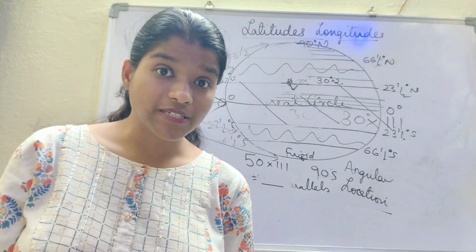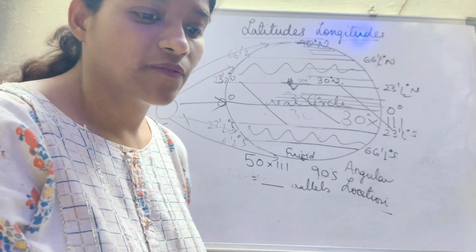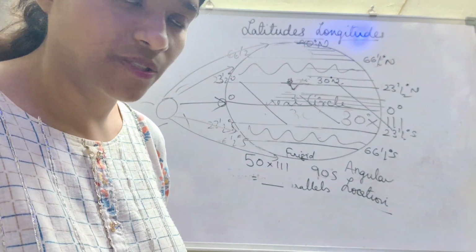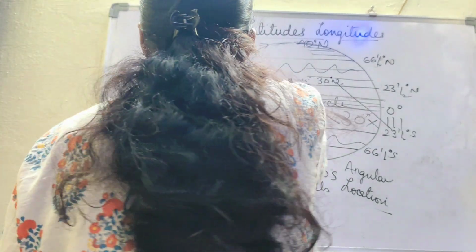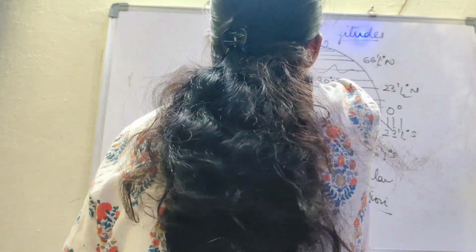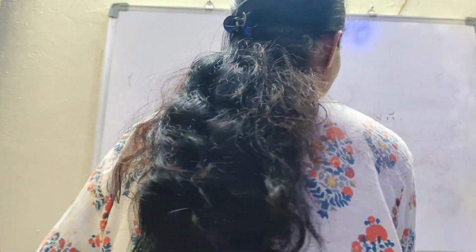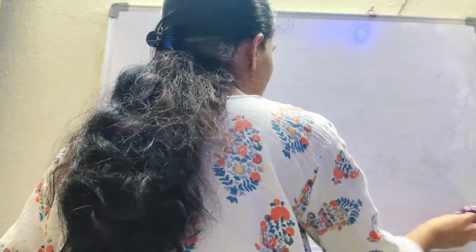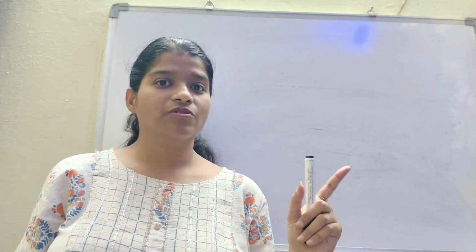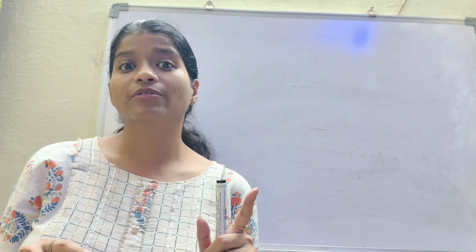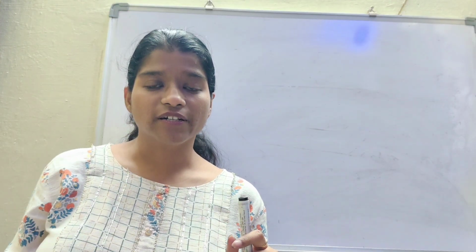Now we will start with longitudes. We will see what longitudes are. Before the beginning of the chapter I told you that longitudes are the vertical lines drawn on the globe.